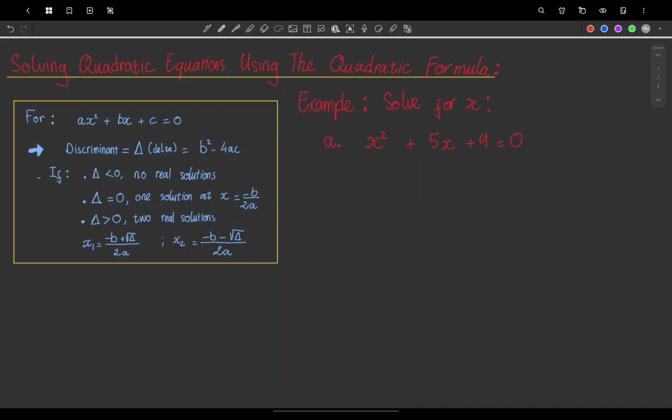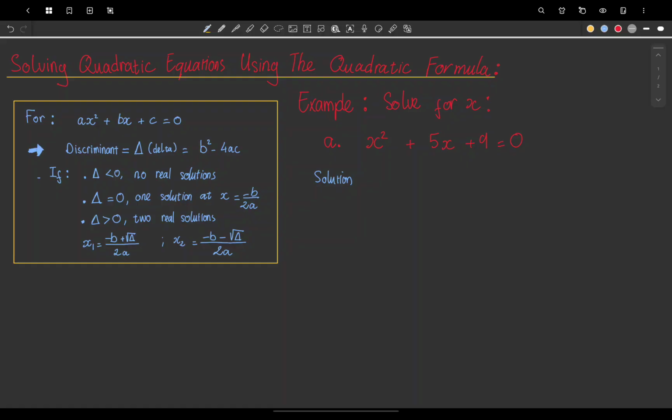We're just going to follow this box that we have over here on our left. Let me write it down: solution. The good thing about using the quadratic formula is that we can use it to solve almost every quadratic equation out there.